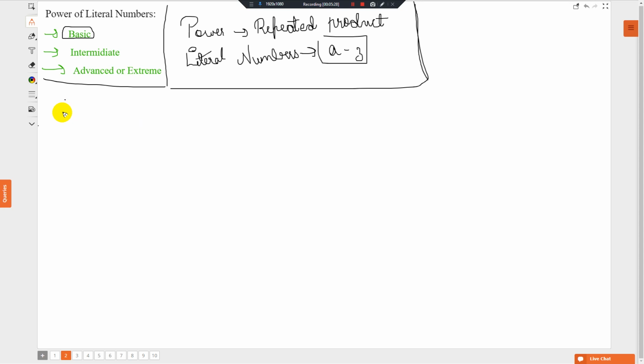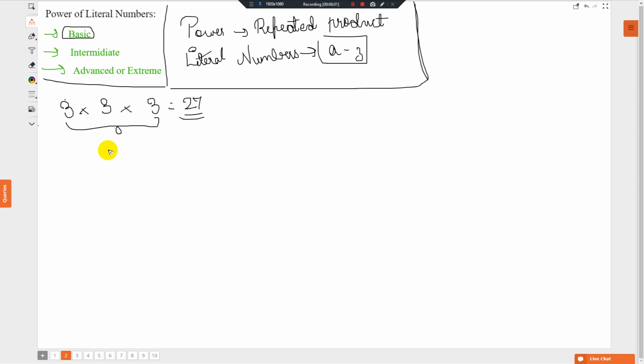The expanded form is written like this: 3 times 3 is 9, 9 times 3 is 27. Why is it so lengthy? If we want it short, we make it with power.